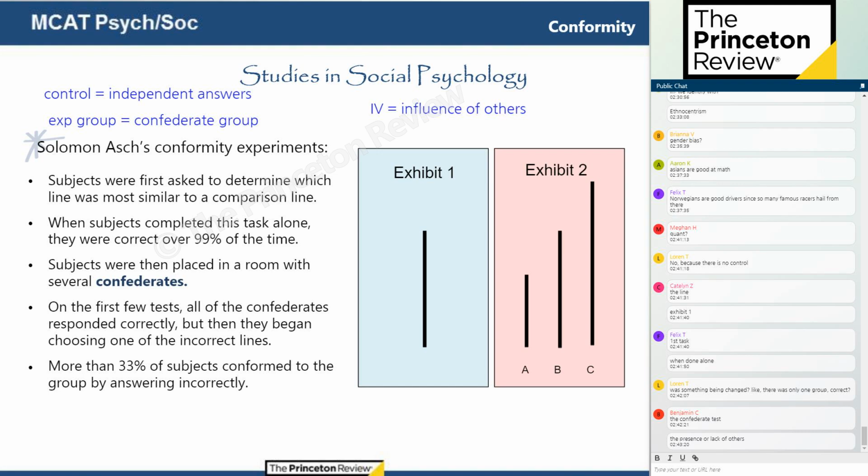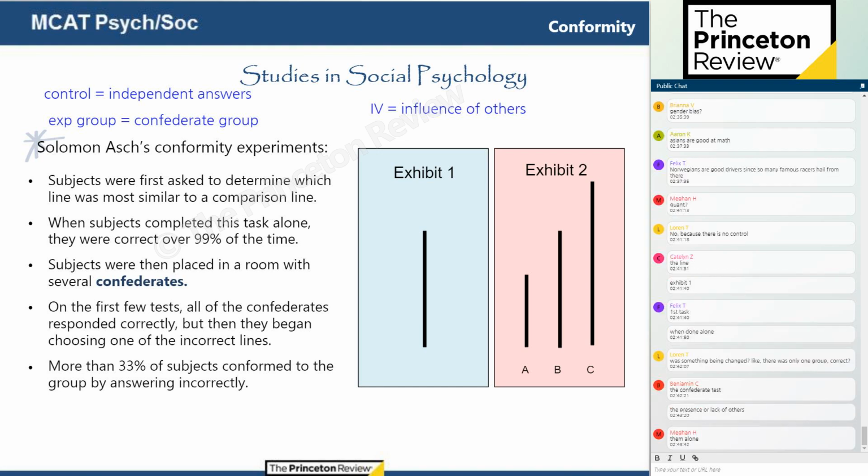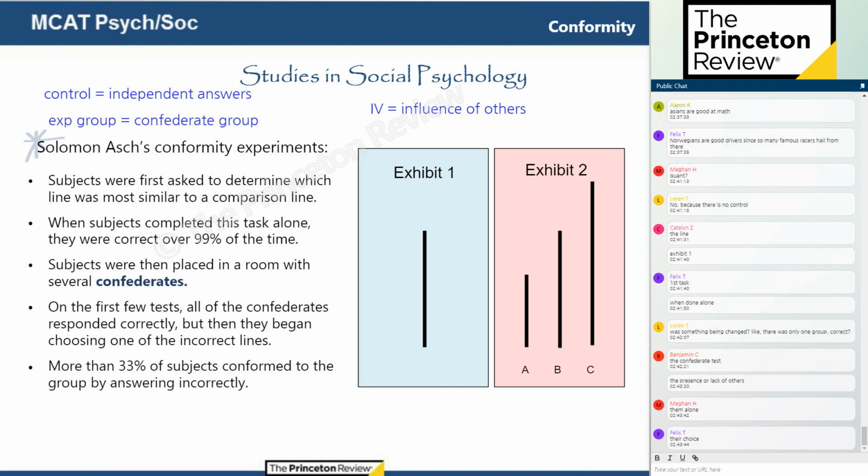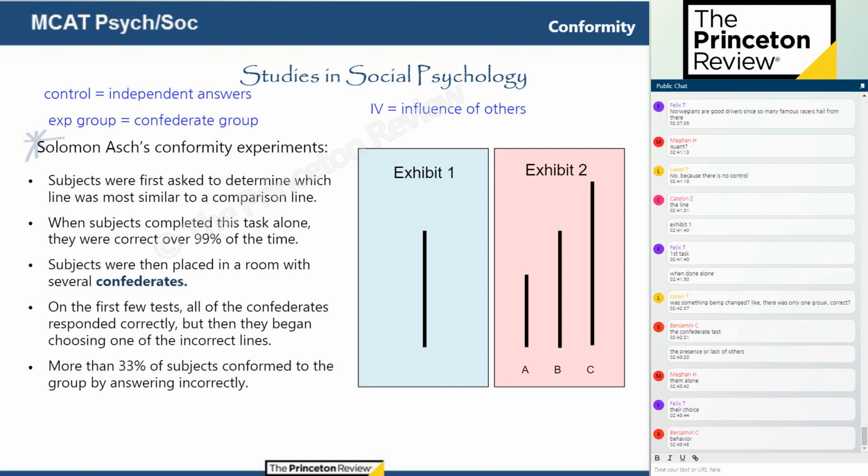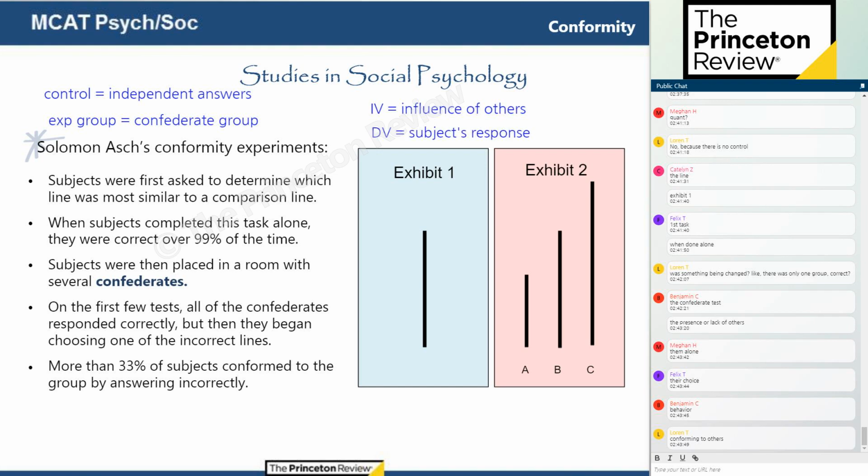And so the dependent variable would be what? Yeah, the choice they made, the subject's response. That was what was being measured.